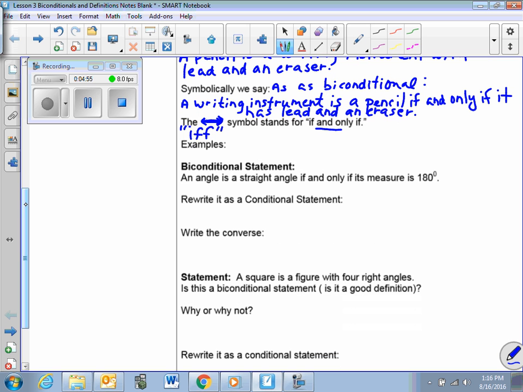All right, here's some other examples. We got a biconditional statement that says an angle is a straight angle if and only if its measure is 180 degrees. Rewrite it as a conditional statement.